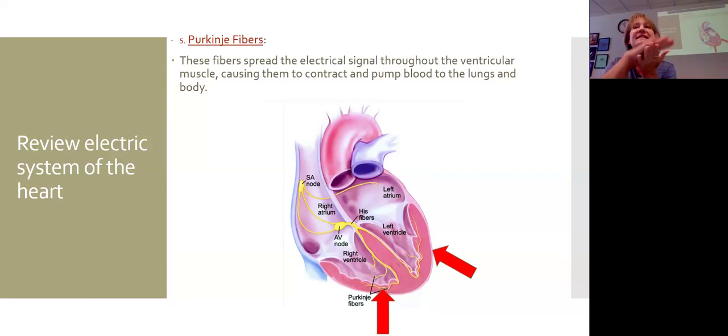So tell me, who had a basic knowledge of the electrical system? Maybe not knowing the names, but you kind of just from here. Because you think about the heart and how important of a pump it is, but the pump ain't jack without the electricity to make it go, right?